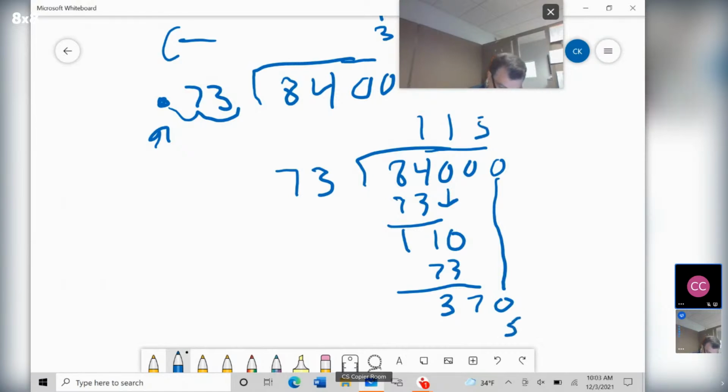That's 15, carry the 1, 35, 36, yep. So basically we would have 115. Okay, there's still a remainder of 5, so you could continue with the remainder of 5.